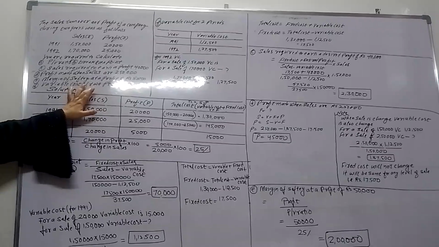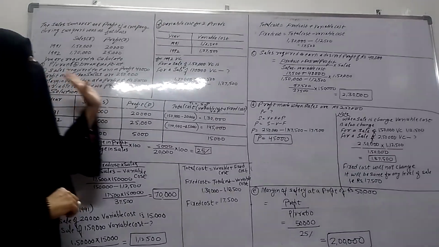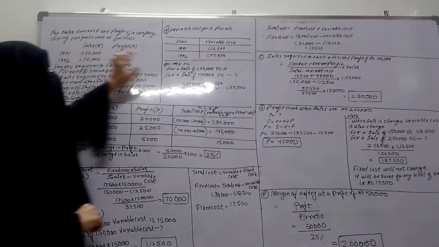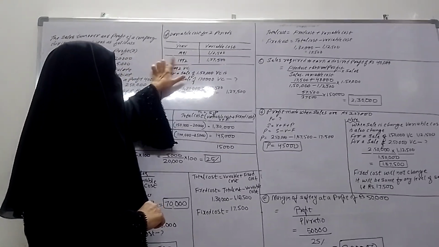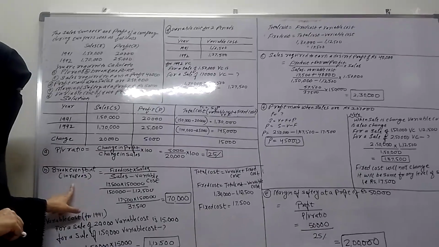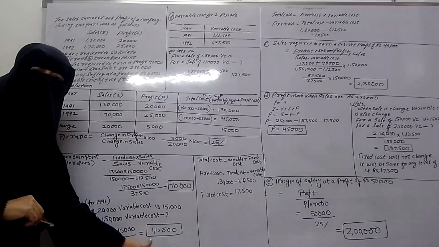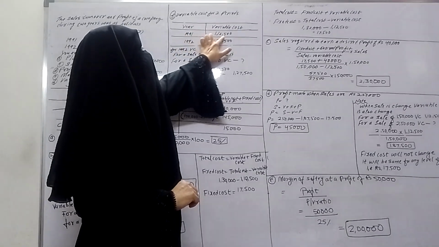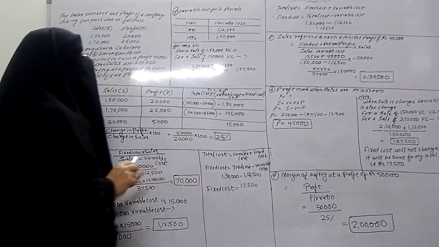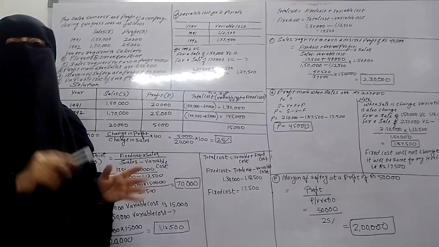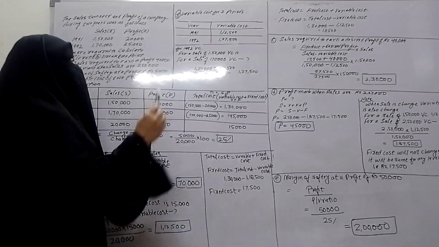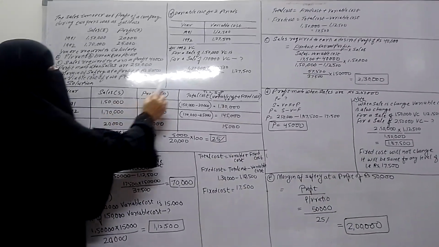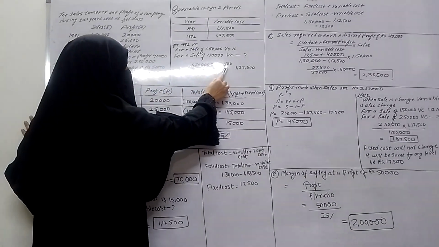Now the last bit is the variable cost of 2 periods. Here the first period is 1991, second is 1992. For 1991, we already found the variable cost, that is 1,12,500. For 1992, we have to find the variable cost. For a sale of 1,50,000, the 1991 sale, the variable cost is 1,12,500.